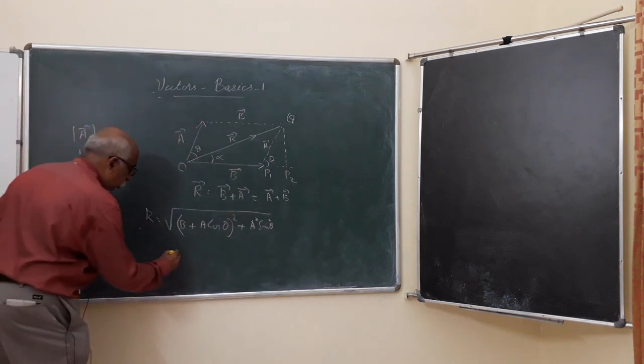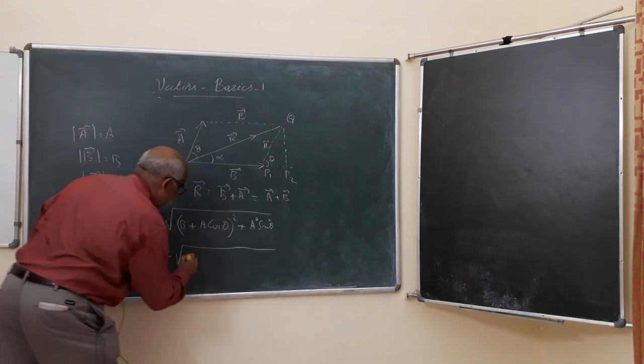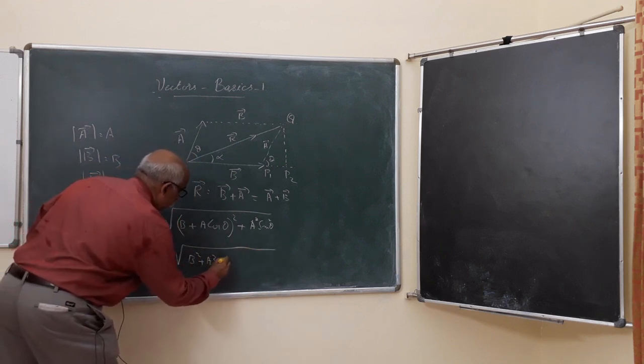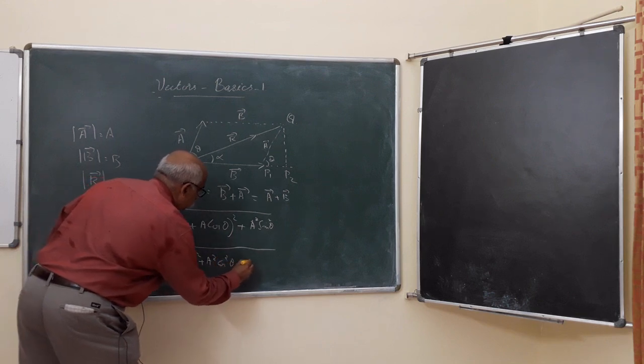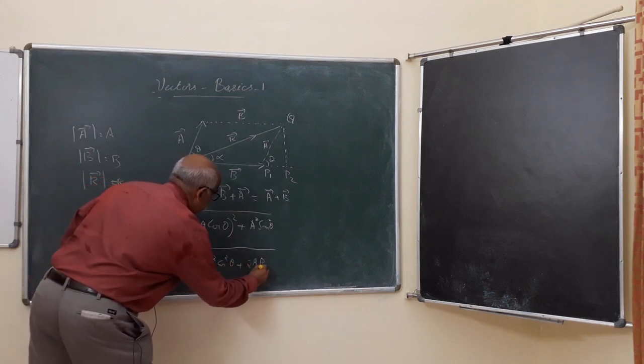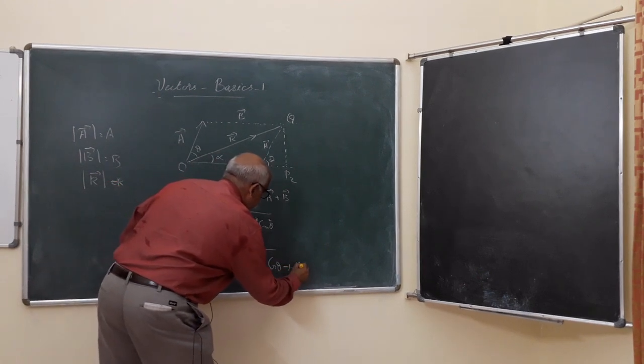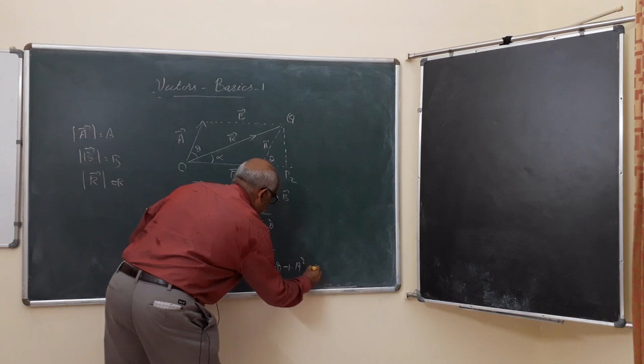Expanding inside this square root sign, we get B square plus A square cos square theta plus 2AB cos theta plus A square sin square theta.